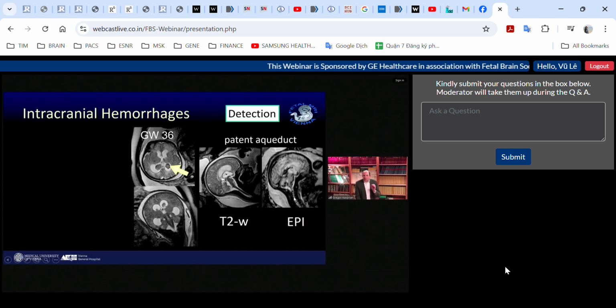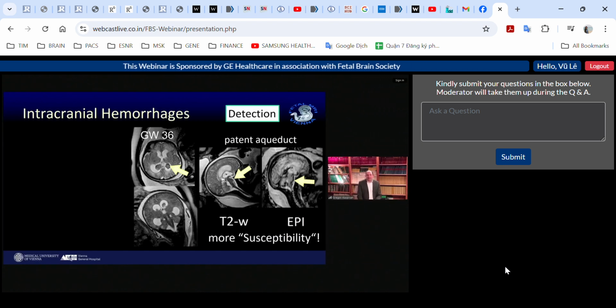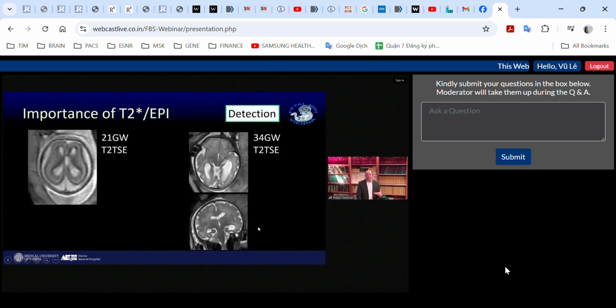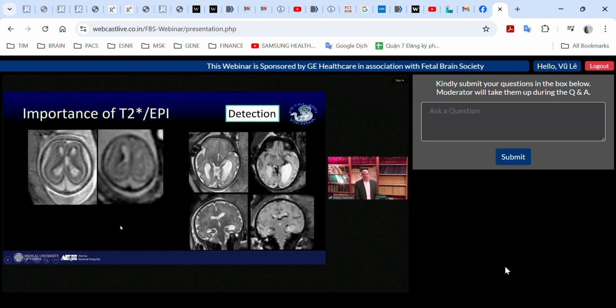So to actually see the full extent of the hemorrhage, MRI is very, very useful. And we actually looked at our 108 cases with hemorrhages and compared T2-weighted and EPI, T2 star, these blood-sensitive susceptible sequences to each other in order to understand how many hemorrhages we would have missed if we would have not done this particular sequence. And actually that's what came out.